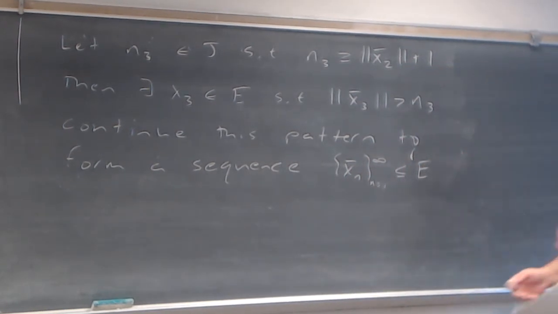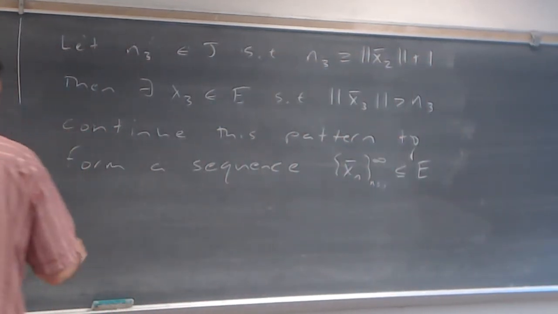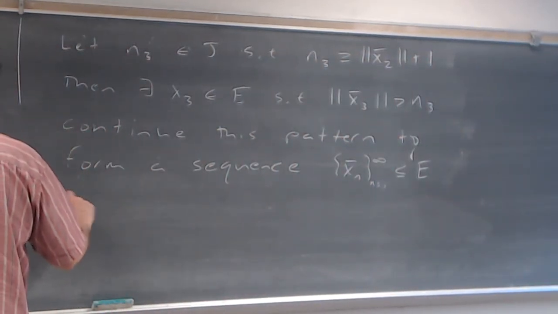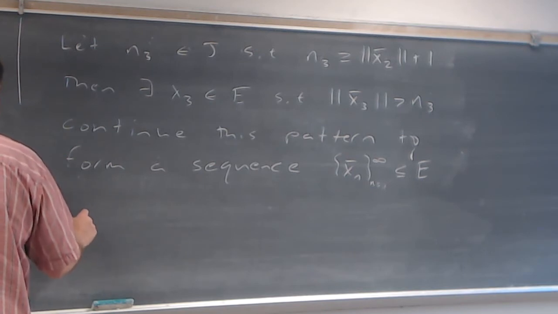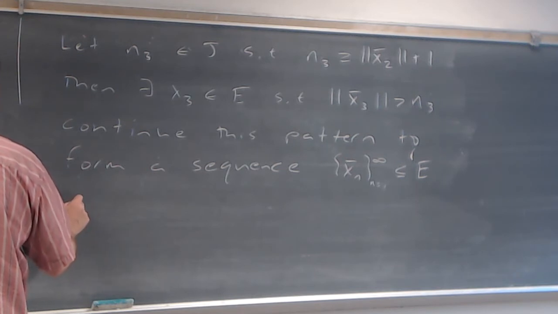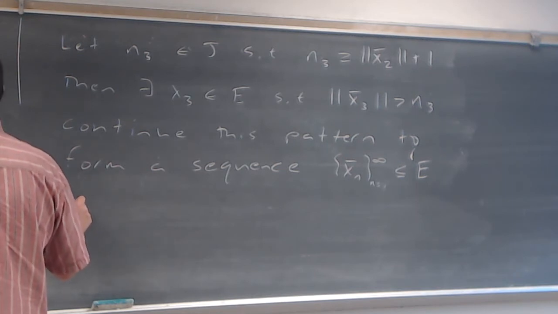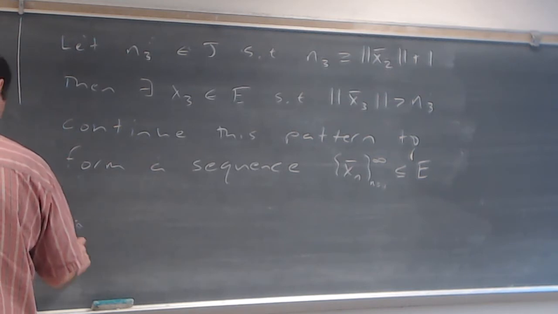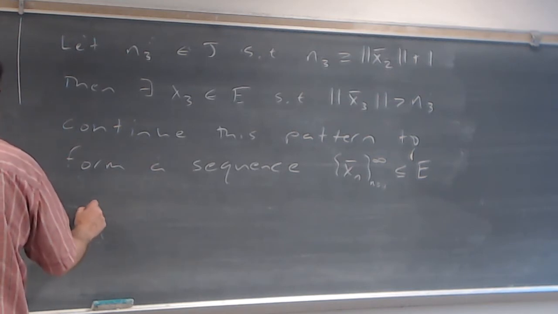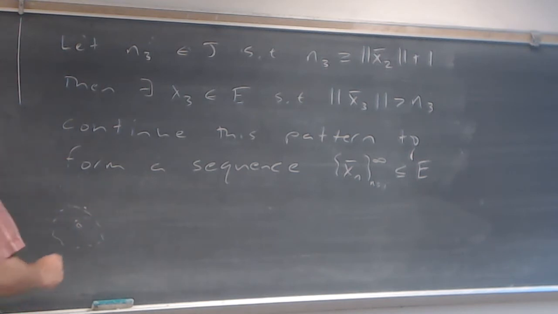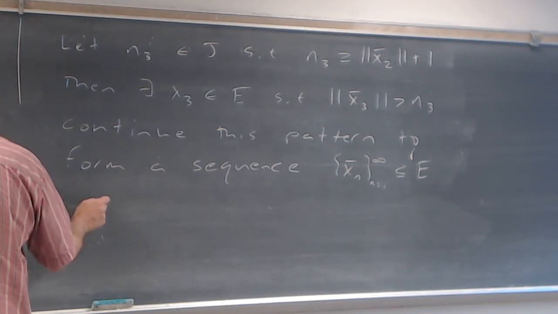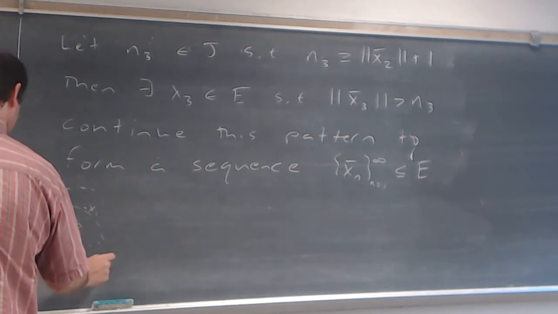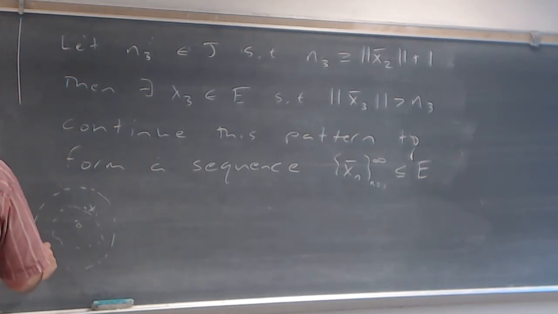And so pictorially, just to give you the idea of the proof, if you think in R^k, here's 0. Suppose x1 is more than 1 unit away from 0. Then we find an x2 that's more than the norm of x1 plus 1 away from 0, so maybe x2 is over here.